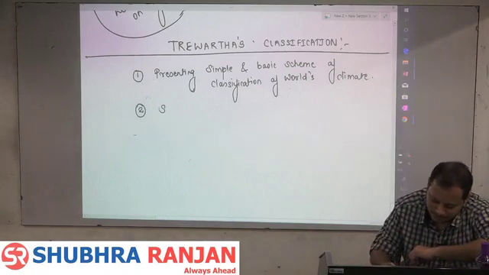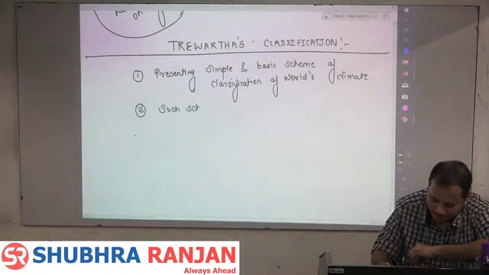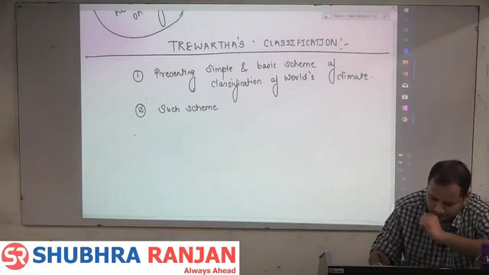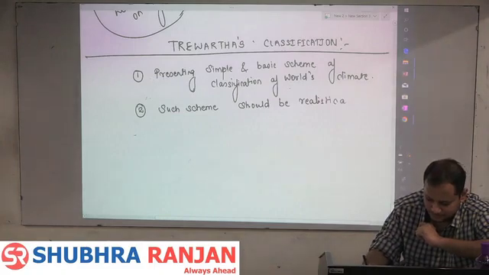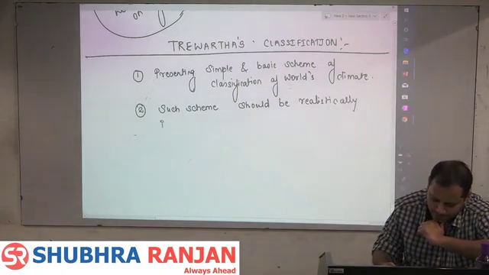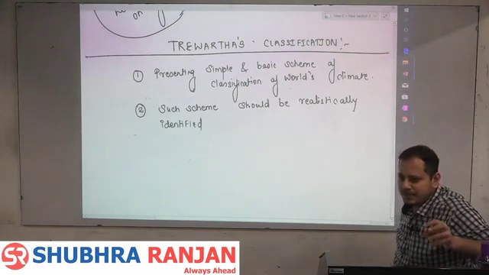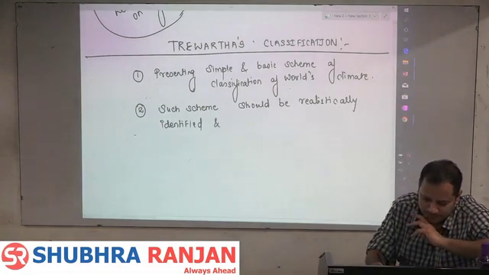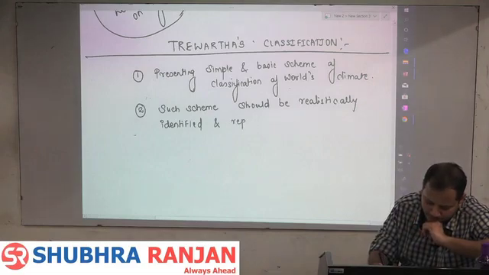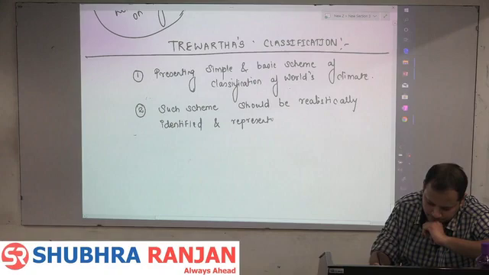Second, such scheme should be realistically identified. वो कह रहा है कि परफेक्ट नहीं होनी चाहिए, रियलिस्टिक होनी चाहिए, कि समझ में आए लोगों को, रियलिस्टिकली आइडेंटिफाइड एंड रिप्रेजेंटेड ऑन वर्ल्ड मैप.